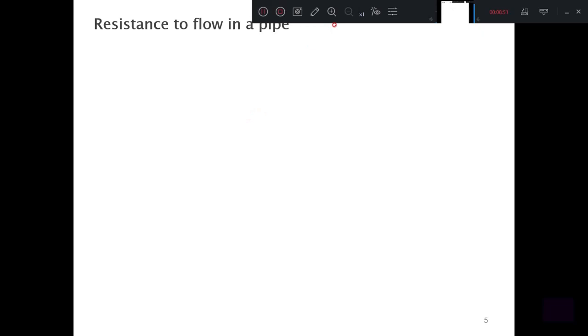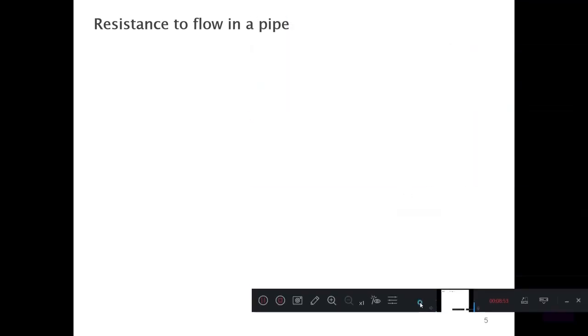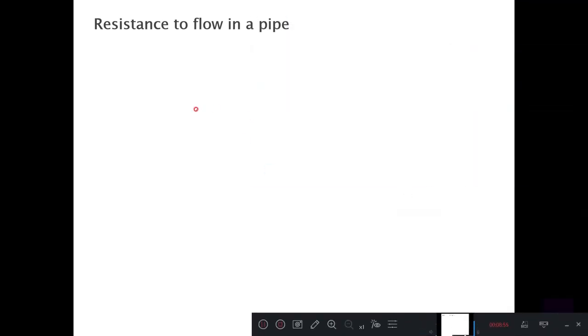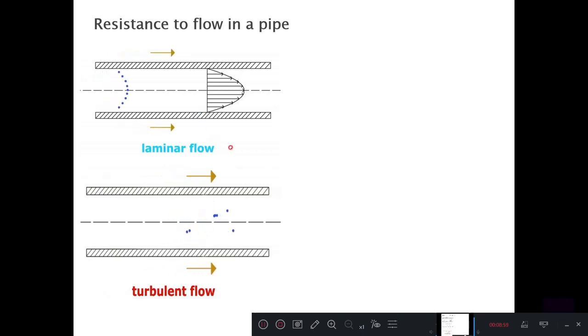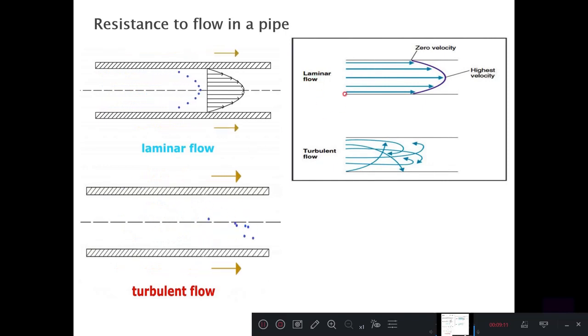As I mentioned previously, whenever a fluid starts flowing through a pipe, there exists a resistance to motion. When a fluid flows through a pipe, the internal roughness of the pipe wall can create local eddy currents in the case of both laminar as well as turbulent flow.